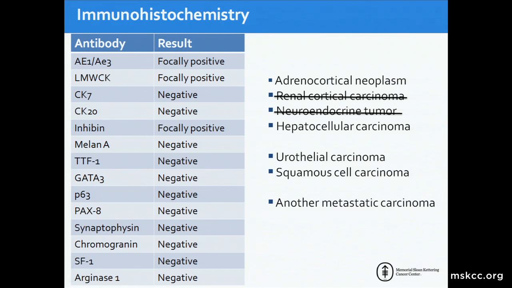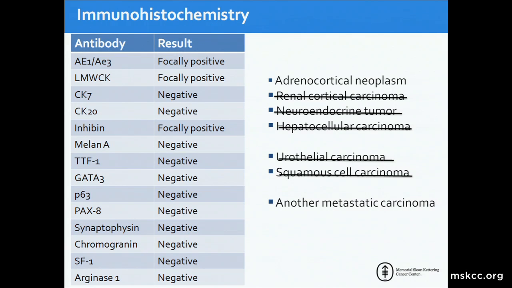It was negative for PAX8, so that makes a renal cortical carcinoma less likely. Arginase 1 negative, which I said makes hepatocellular carcinoma less likely. It was negative for P63, GATA3, CK20 negative, and so urothelial carcinoma and squamous cell carcinoma are also not very likely.